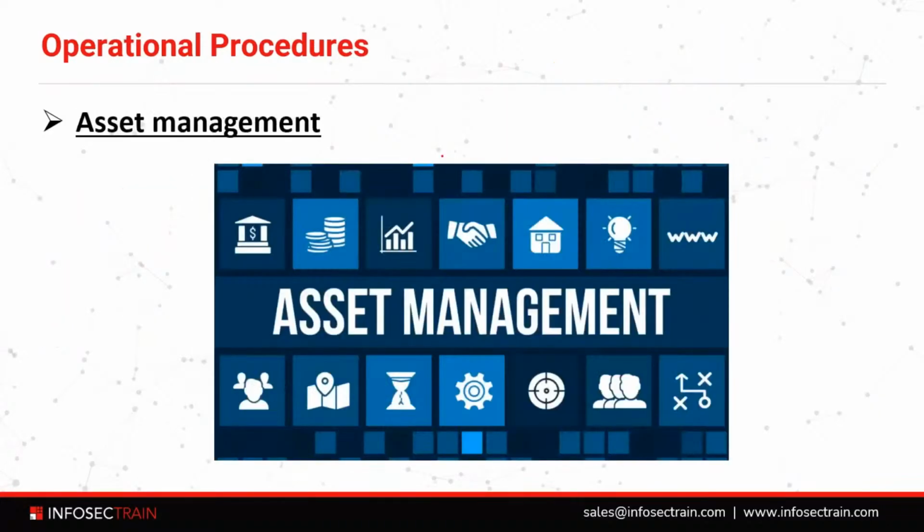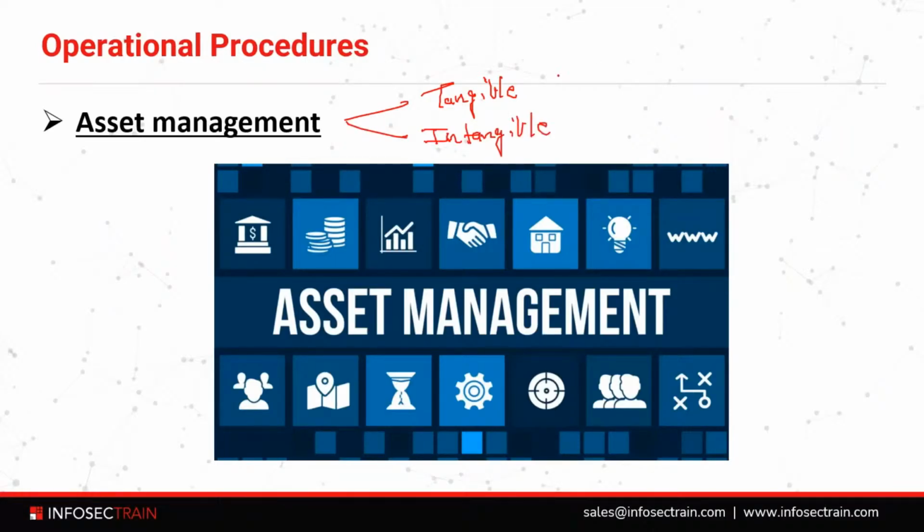Then in operational procedures, we have asset management as well. How will you define an asset? What is an asset, guys? Asset means anything that holds value for you. Now there are two types of assets: tangible and intangible.